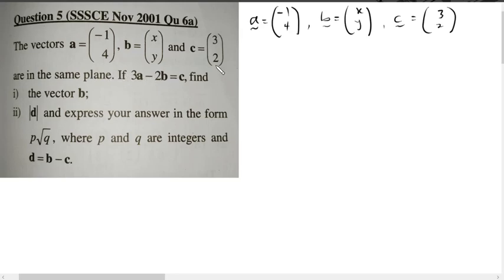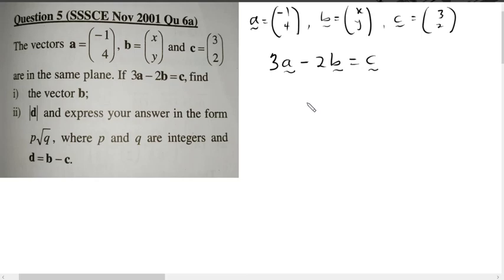We are told that these three vectors are in the same plane, and that if 3a minus 2b equals c, that is 3 times the vector a minus 2 times the vector b is equal to the vector c, find vector b. Finding vector b means we have to make vector b the subject.